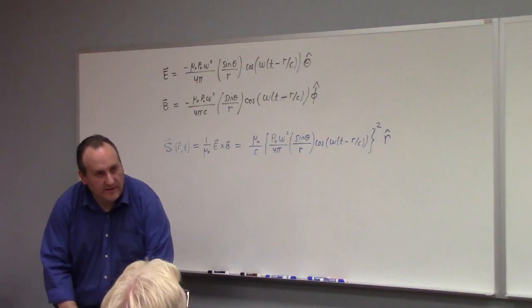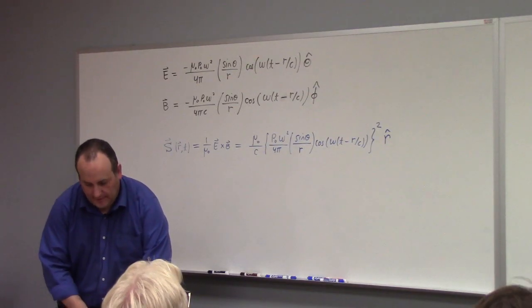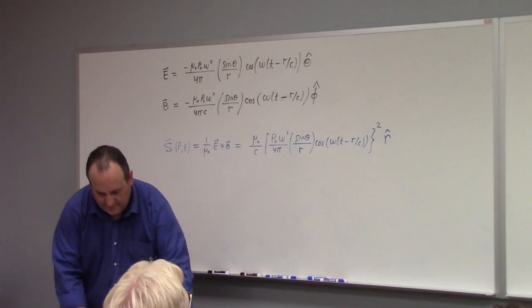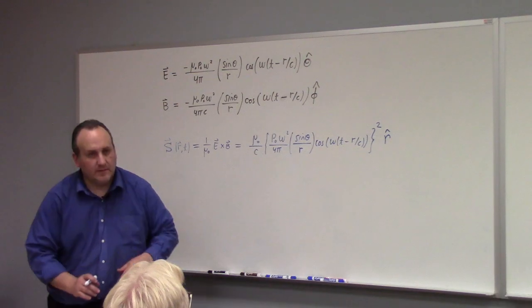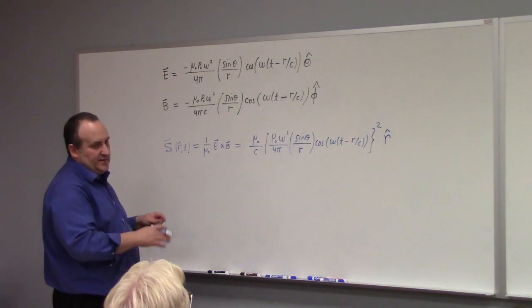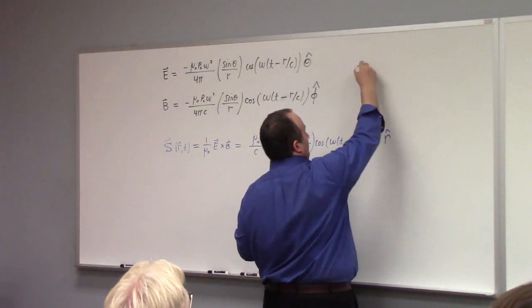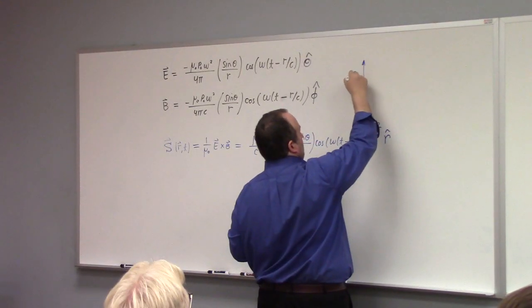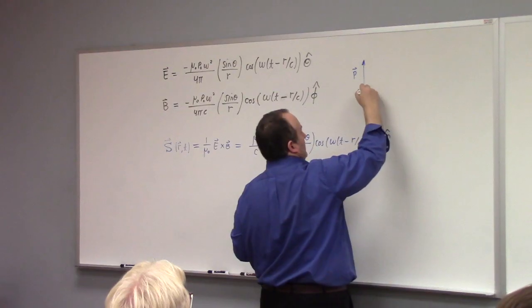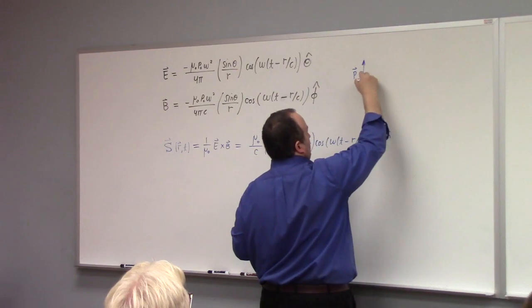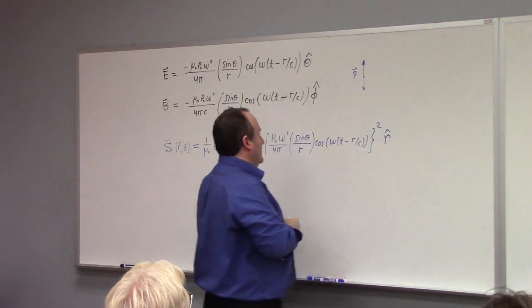So yes, the radiation points outward, and it's not spherically symmetric, is it? There's definitely an angle dependence. To be clear, we're talking about a dipole that's situated like this, going back and forth like that.